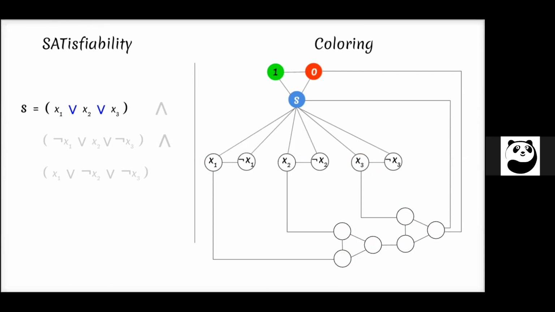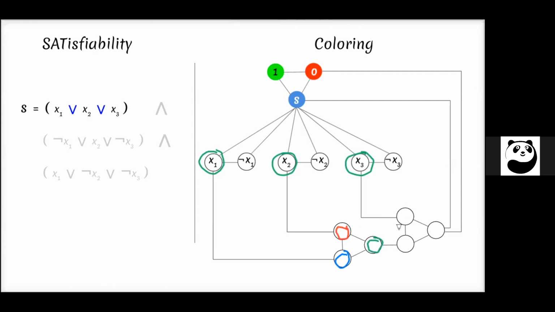So now let's suppose that all of them, x1, x2, and x3, are all green. This one and that one, we can pick between red and blue. So let's say this one is red, this one is blue, which means this one has to be green.